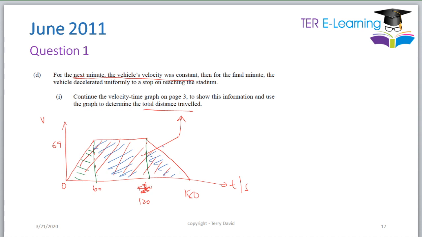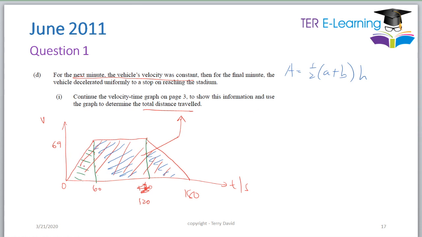That's one way you can work it out. But if you all know the formula, this shape here is a trapezium, and the area of a trapezium is equal to a half the sum of the parallel sides multiplied by the height, right? But some people can't remember that formula, so I'll work it out in steps, right?